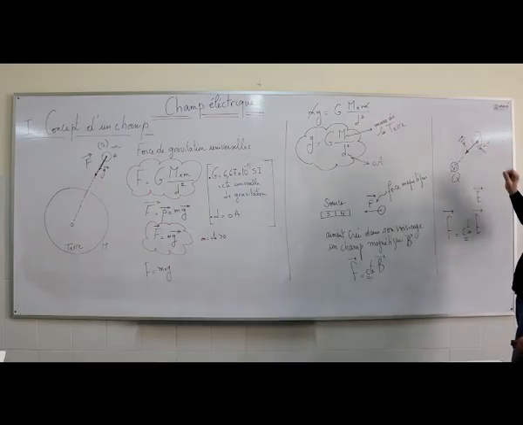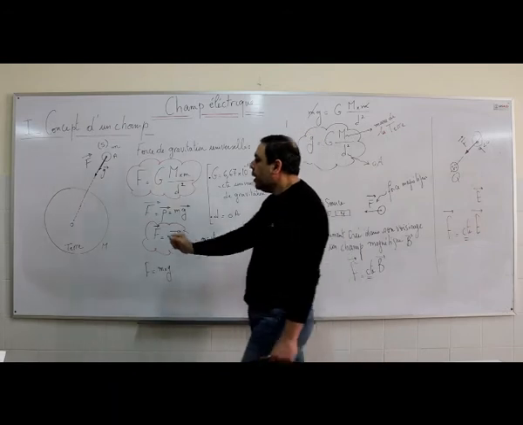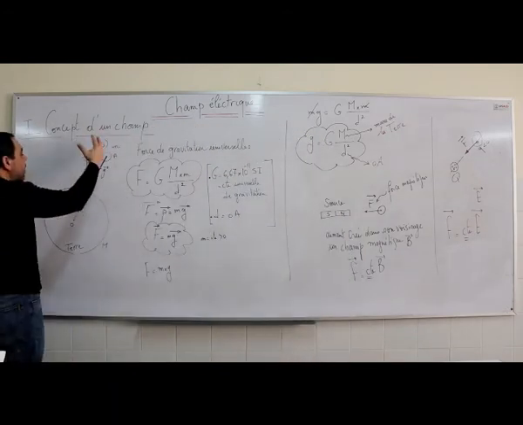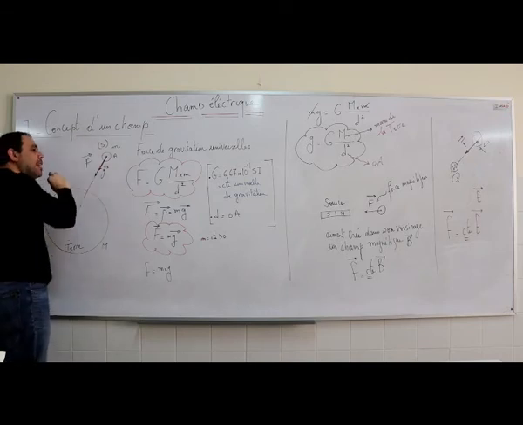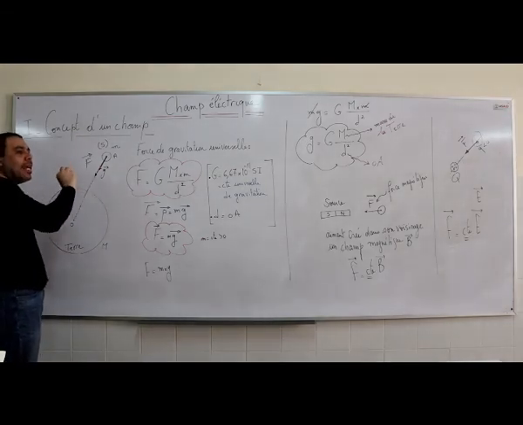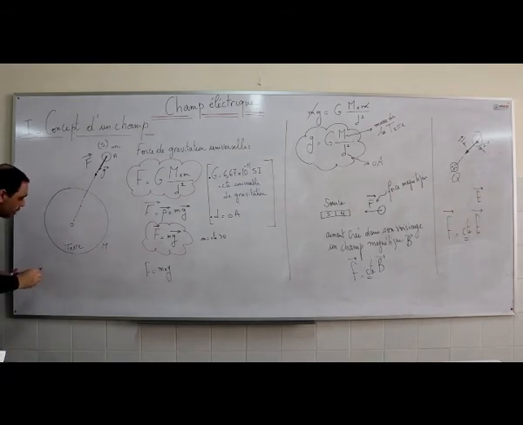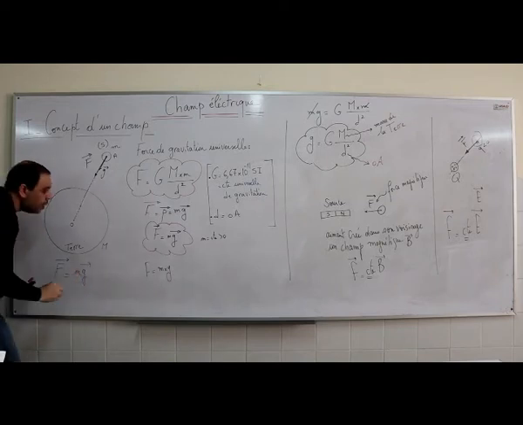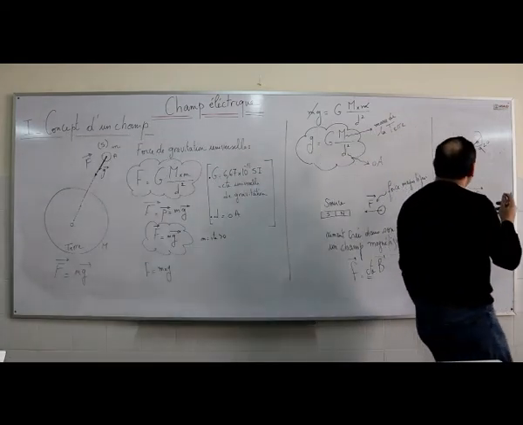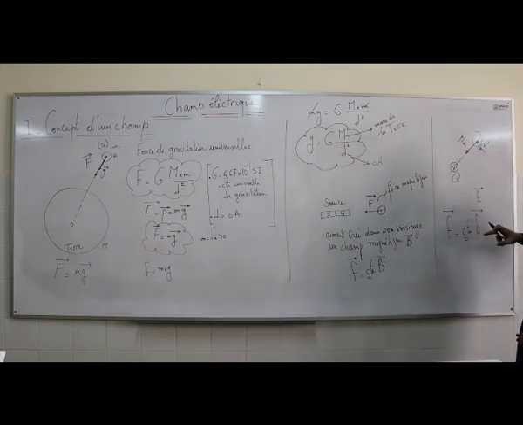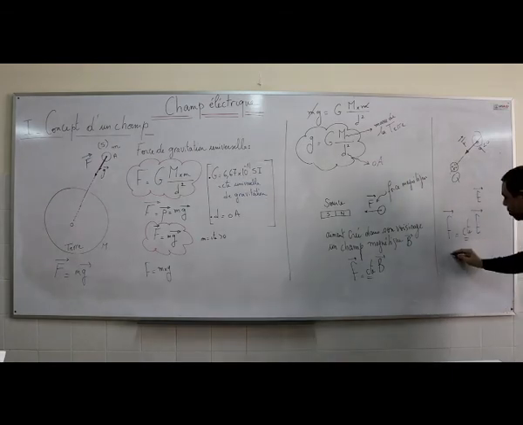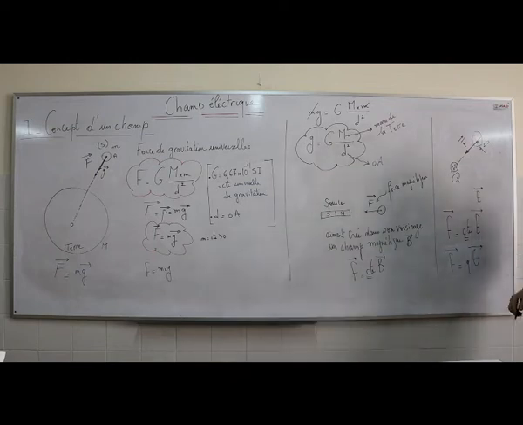The charge Q creates in its vicinity an electric field E. Earth creates in its vicinity a gravitational field G. When we place here a certain mass, this mass is therefore subjected to a force F that is equal to m times G. When we place a charge here in the electric field of Q, this charge is subjected to a force F equals q times E.